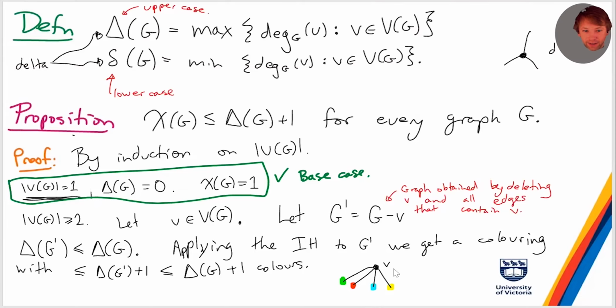Yeah, exactly. The vertex V has at most delta of G neighbors, and in the universe there are at least delta of G plus 1 colors.